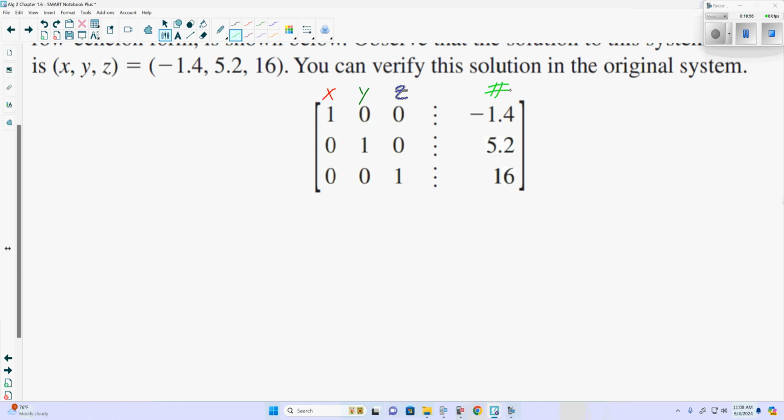So if I look at the first row, let's see what it's saying. It's saying that I have 1x plus 0y plus 0z is equal to negative 1.4, yes?